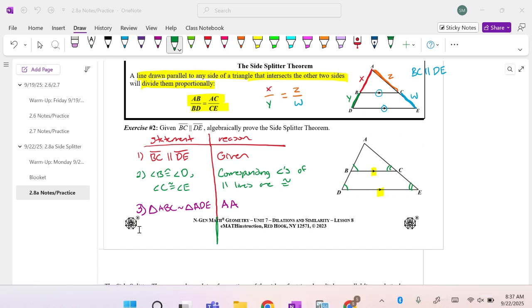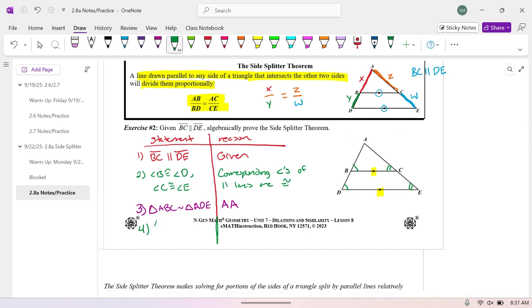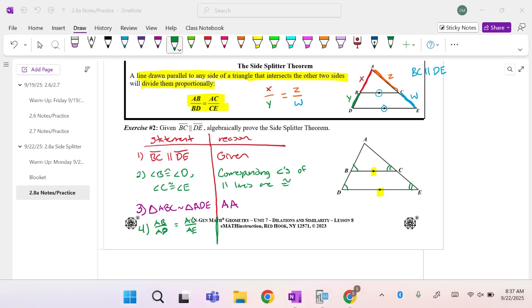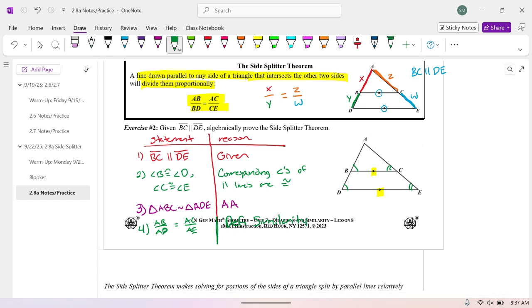Now, because of that, we can say that AB over AD is equal to AC over AE. So those two sides are proportional. And that's just because that's the definition of similarity. Sides are proportional to each other, and those proportions are equal.